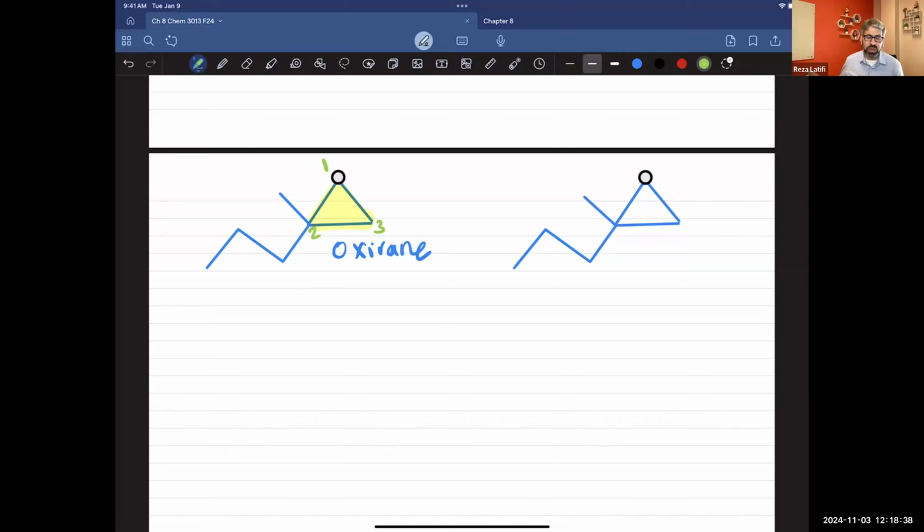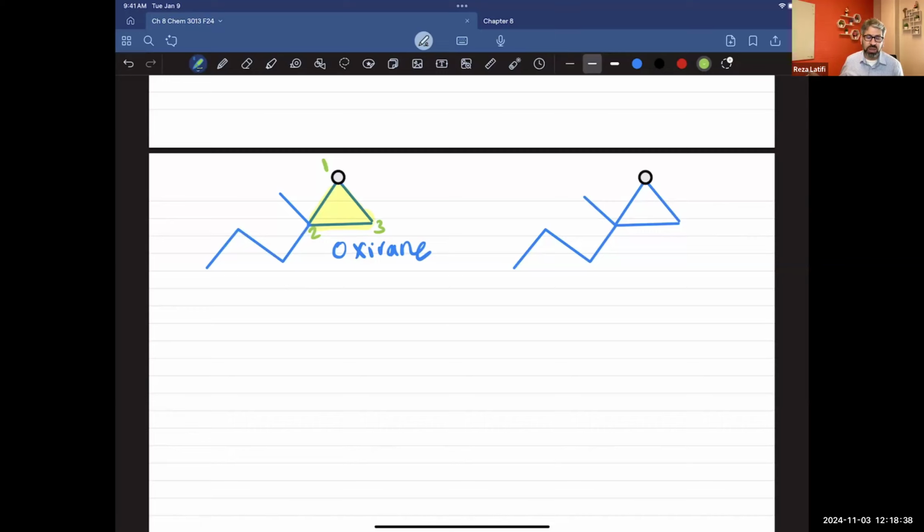Next one, we're going to say this is the longest chain. Again, we decided to label it from the right side. Why? Because the epoxide will get the smallest possible number, and also we get 2 and 3 instead of 3 and 4. So for the correct name, I have three substituents: ethyl, epoxy, and methyl.